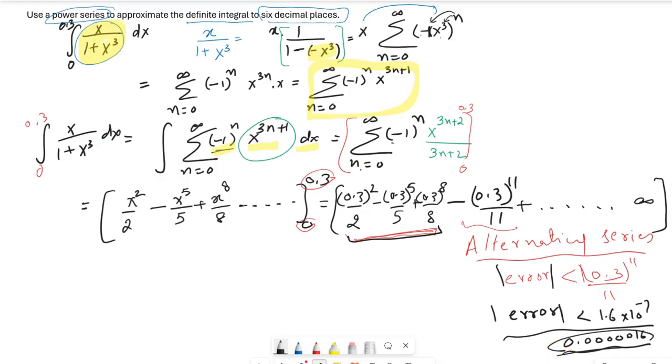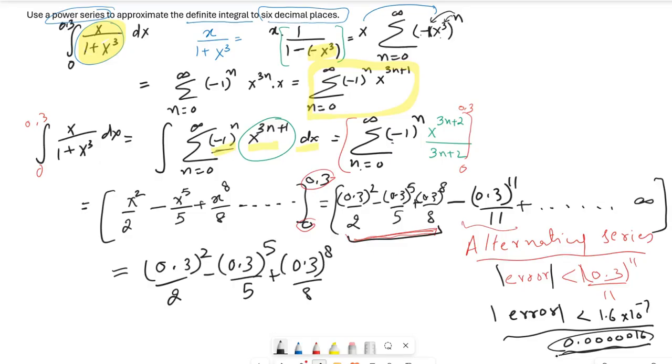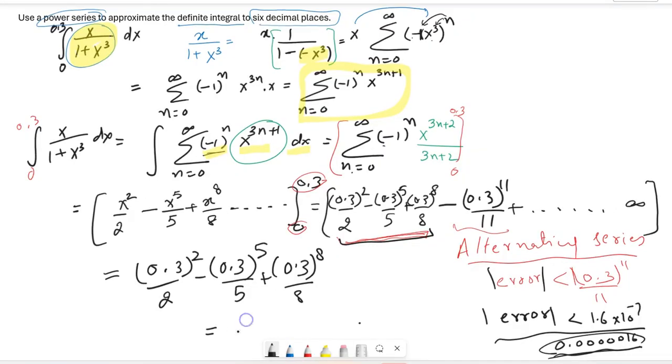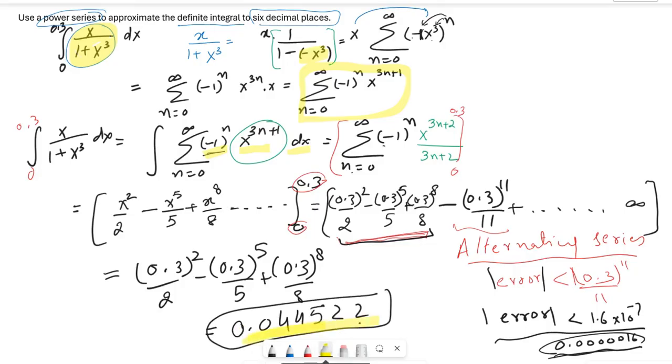So what I'm saying is this integral can be estimated by the first three terms. Add these, put it in your calculator with the correct signs, and I think you are getting this number. You can check that, right? That's a simple calculation putting it in the TI calculator.